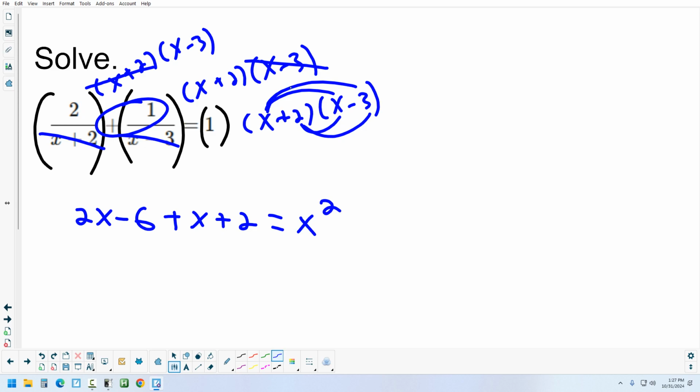What's x times negative 3? Negative 3x. And x times 2? 2x. And then negative 3x plus 2x? Negative 1x. And 2 times negative 3? Negative 6. Okay. So now, why is that a quadratic? Because it has x squared in it.